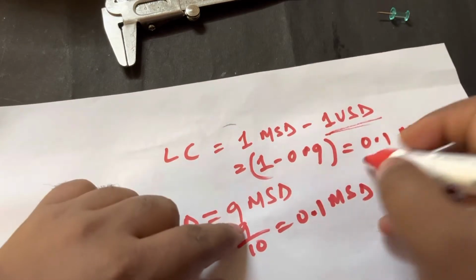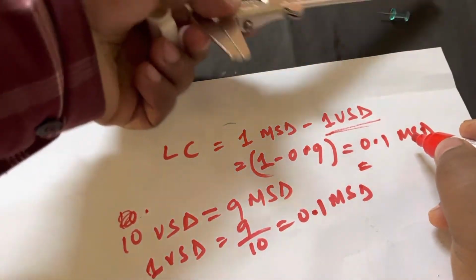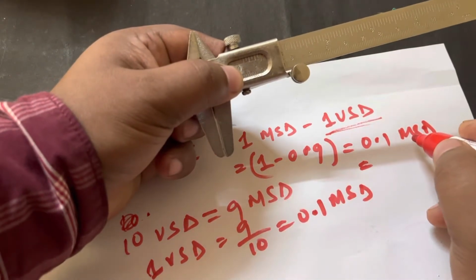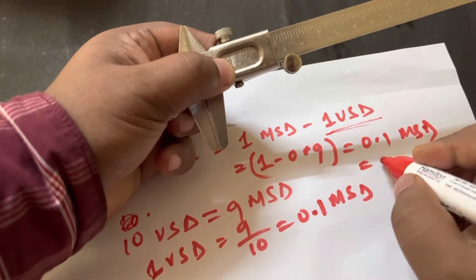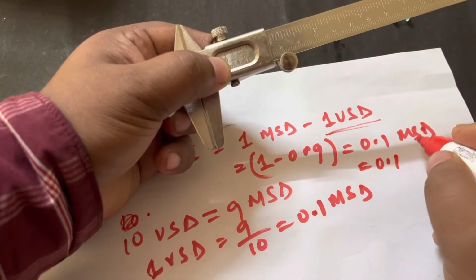0.1 MSD means 1 MSD is 1 mm, or 0.1 centimeter. So 0.1 MSD is 0.1 and 1 MSD is 0.1 centimeter.